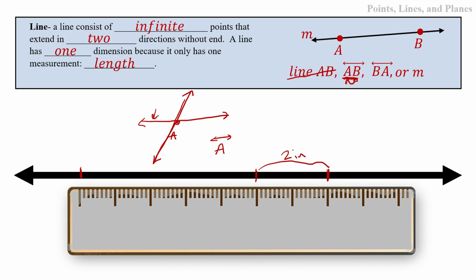This line or that line? So you cannot use one capital letter. It has to be 2 points because 2 points defines a line. Now if I say line AB, there's only one line that passes through that, and that would be the one I just drew there. But this is going to be the most common way of writing or naming a line.